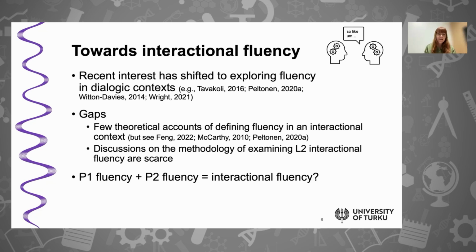And the main argument is that it's not enough to just take the two participants' individual fluencies and put them together and in that way characterize interactional fluency, but we might need a bit more to capture really the collaboration between the two participants.